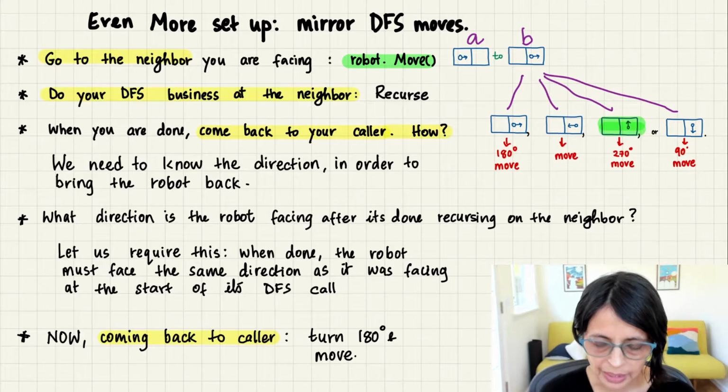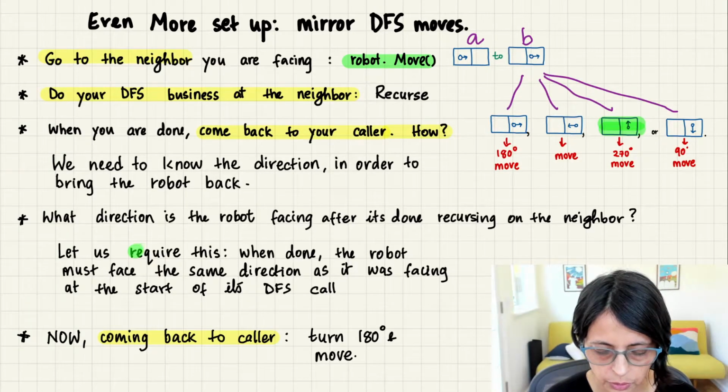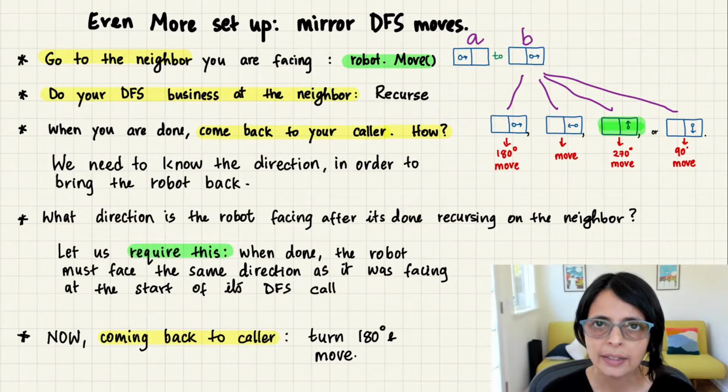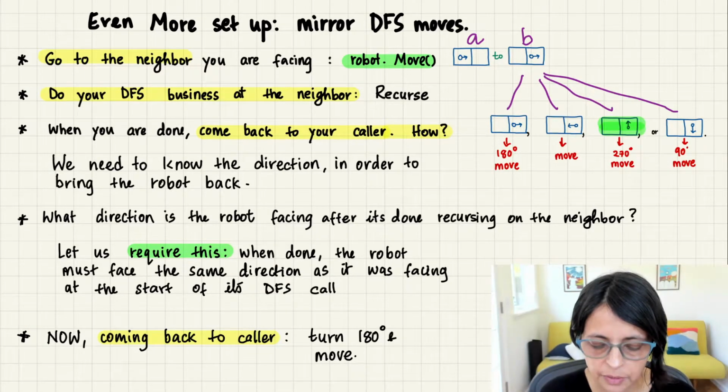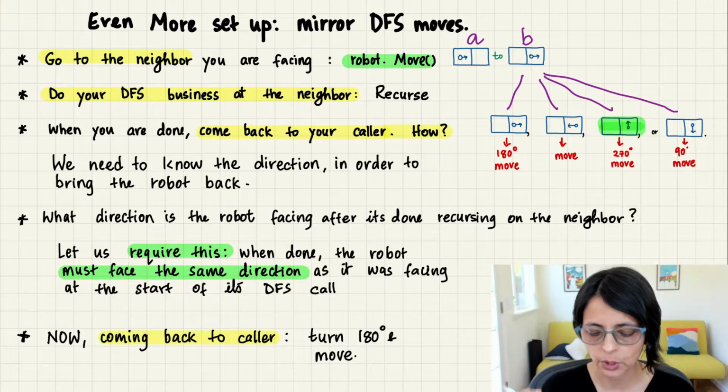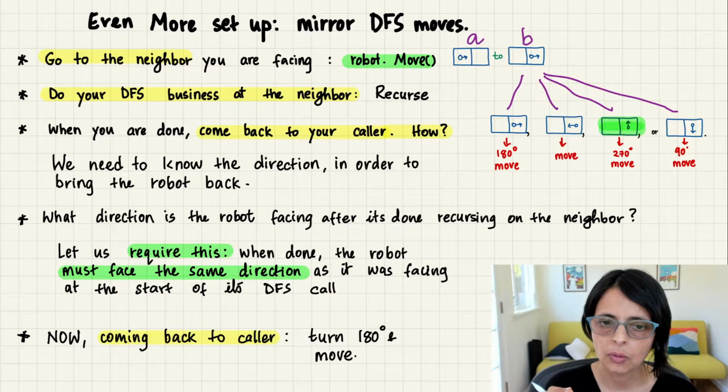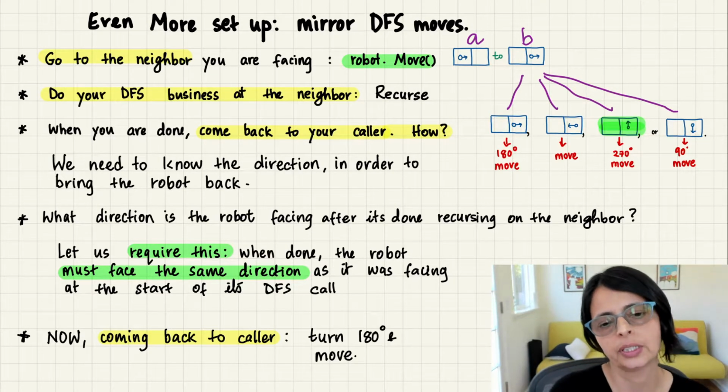So let's require this: when the DFS call on a particular cell is all done, the robot must face the same direction as it was facing at the start of its DFS call.